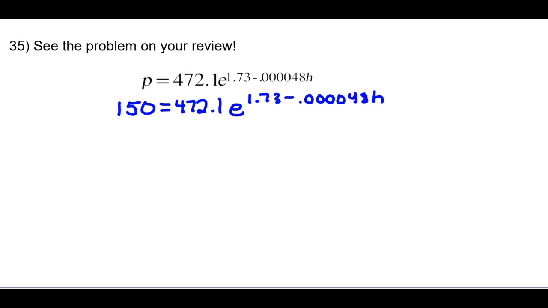Notice that the base of my exponent is e, not the 472.1, and the exponent is all of this up here. So 472.1 is what I'm multiplying times e to this power. To get rid of that, I want to divide by 472.1.